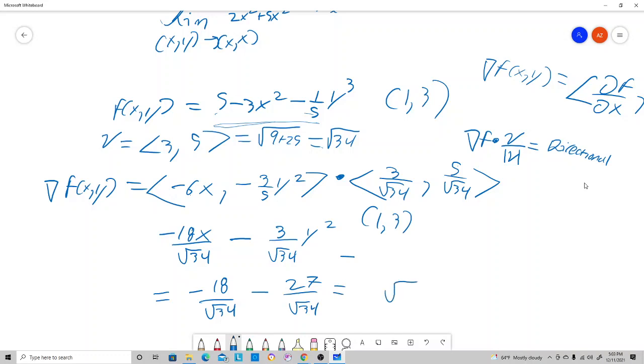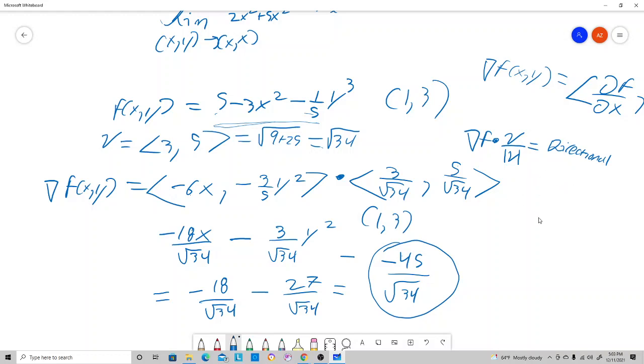If we simplify this, square root of 34, and then this will become negative 45. And that's the value of the tangent in that certain direction.